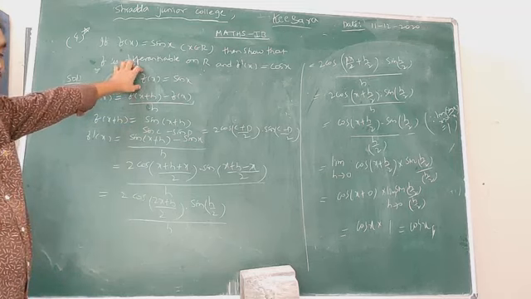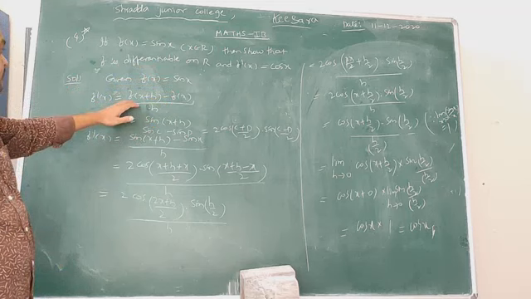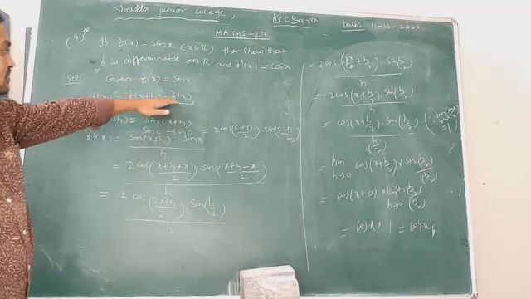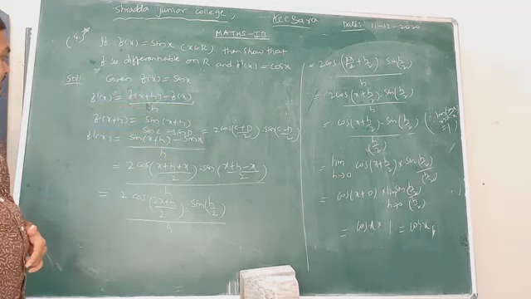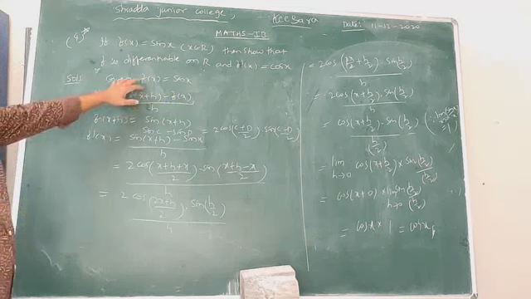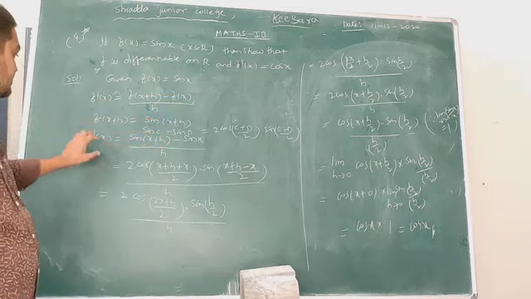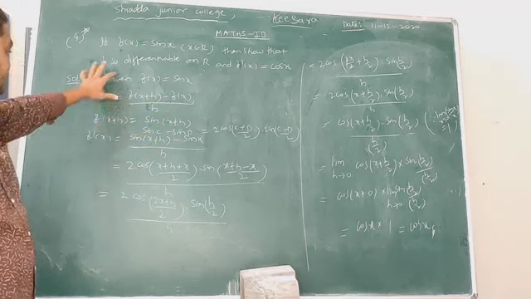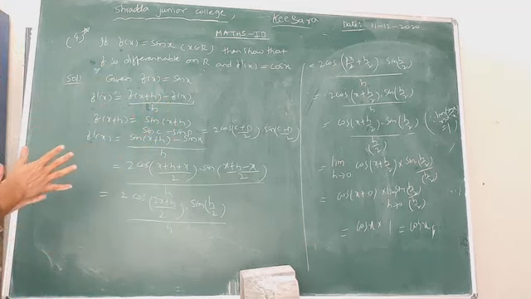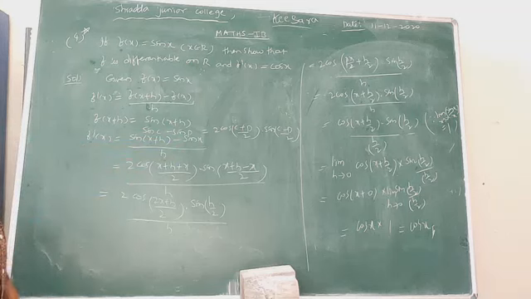Given f of x equals sin x, what is f dash of x here? f of x plus h minus f of x by h. What is f of x plus h here? Sin of x plus h. What is f dash of x by using the first principle? Sin of x plus h minus sin x by h.